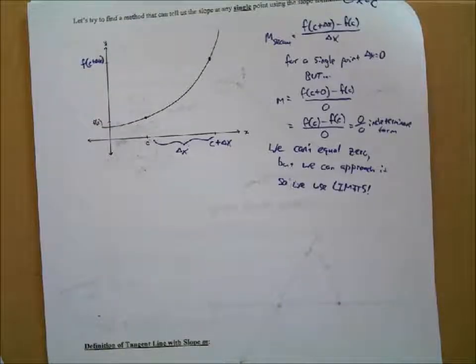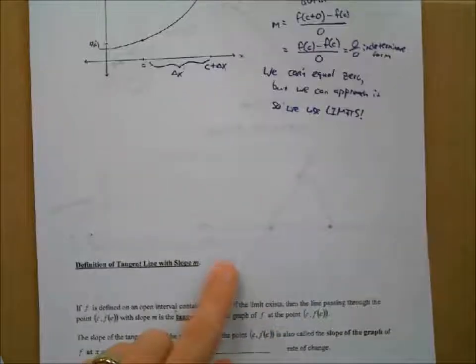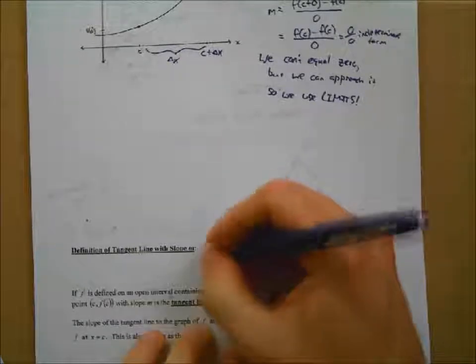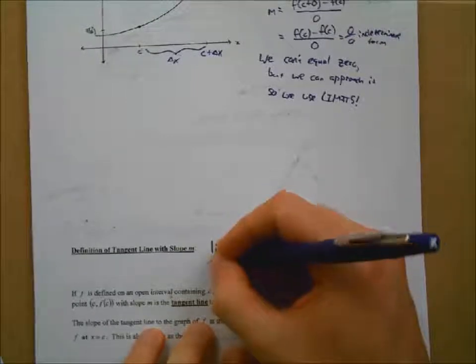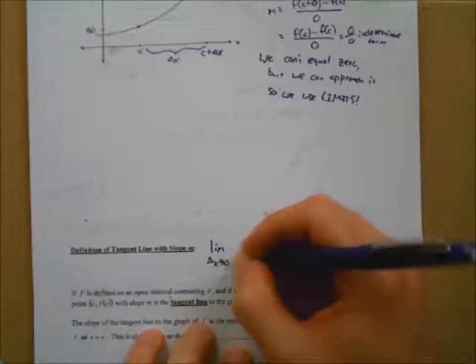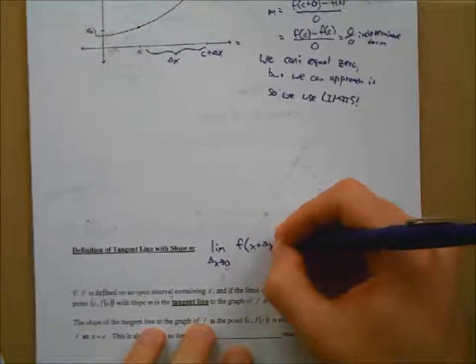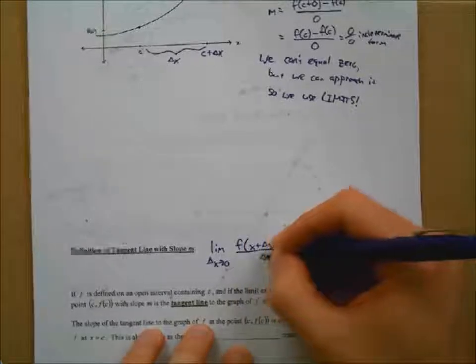Okay? So I'm going to jump down here to this section and actually write the definition for the slope of a tangent line. It is the limit as delta x approaches 0 of f of, and I'm going to use x plus delta x minus f of x all over delta x.